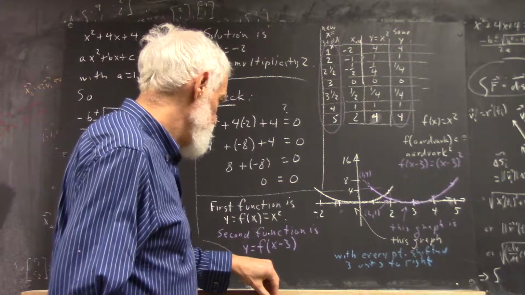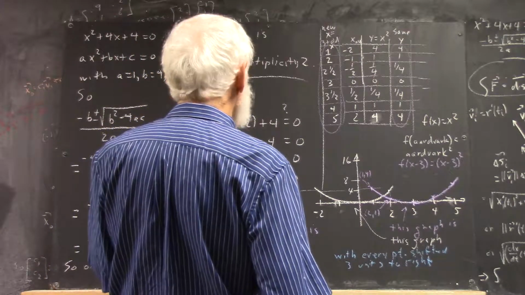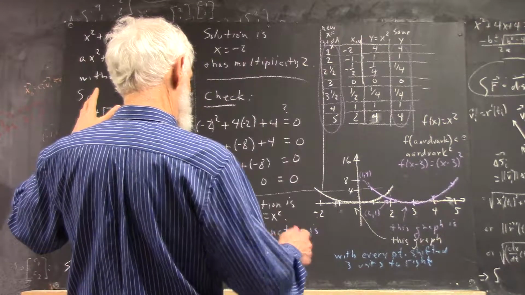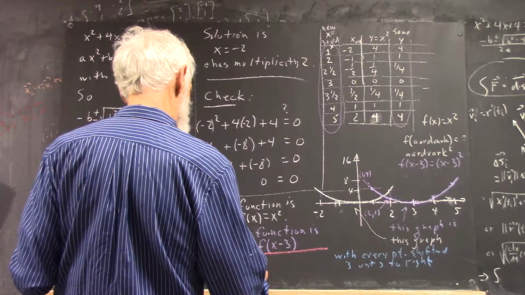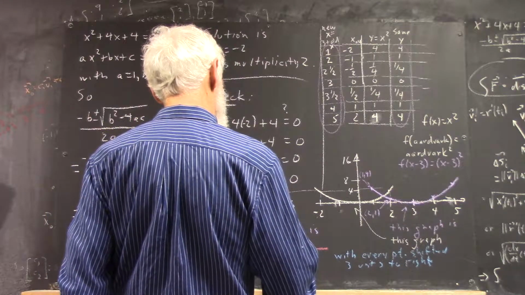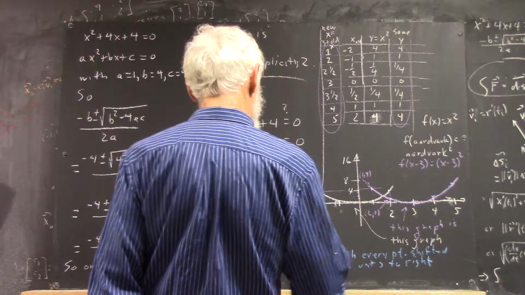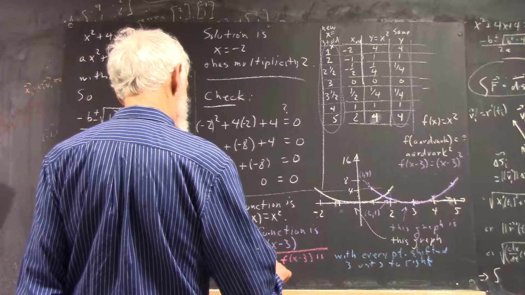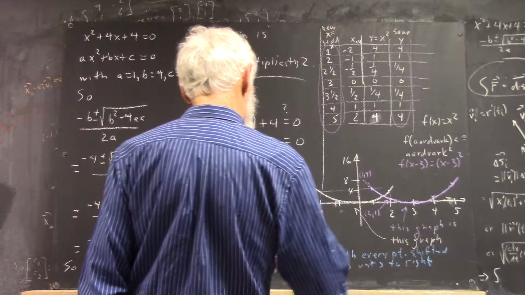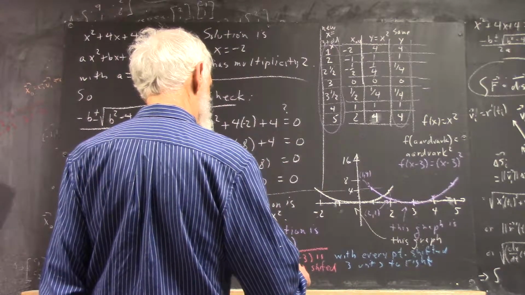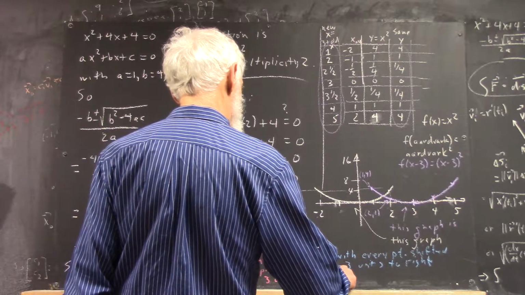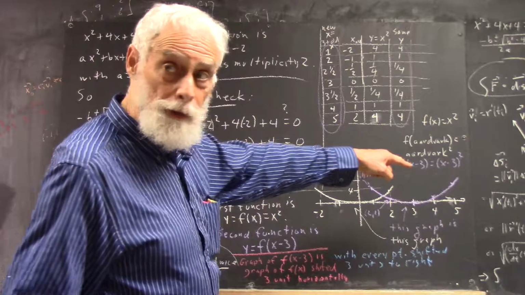So what we're saying is, the graph of f of x minus 3 is the graph of f of x shifted 3 units, and, important word, horizontally, 3 units in the horizontal direction, right?